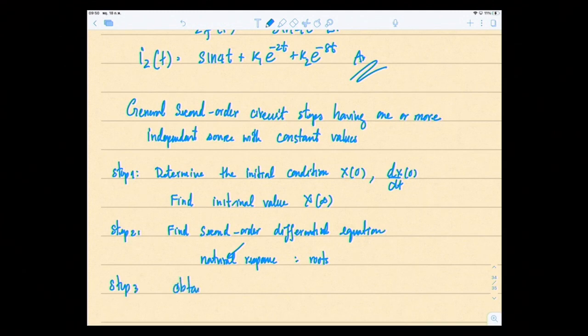Then step 3, obtain the forced response. In this case, if it's constant values, you have your f of t as a constant value. Your xf of t, your forced response, is nothing but your final values.